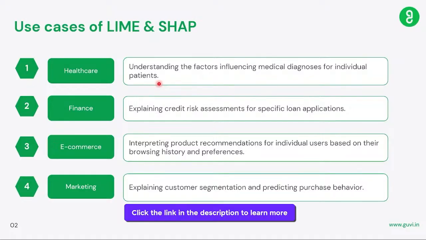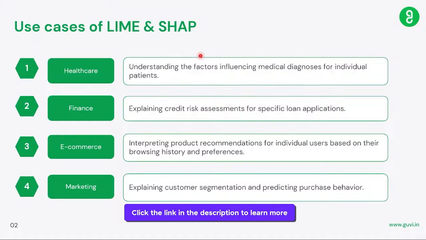Medical institutions utilize ML models for disease diagnosis based on patients' data. So, Sharp is used to interpret model predictions, offering explanations for individual diagnoses. The clinicians can leverage these insights to validate the model decisions and tailor treatment plans accordingly.